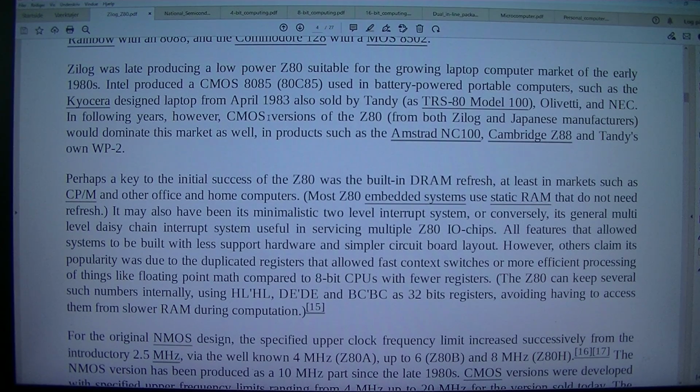In following years, however, CMOS versions of the Z80, from both Zilog and Japanese manufacturers, would dominate this market as well, in products such as the Amstrad NC100, Cambridge Z88 and Tandy WP-2.